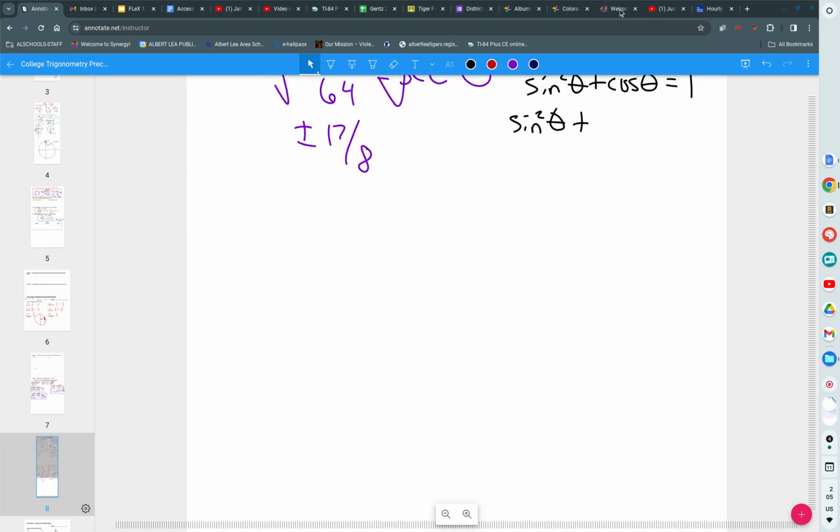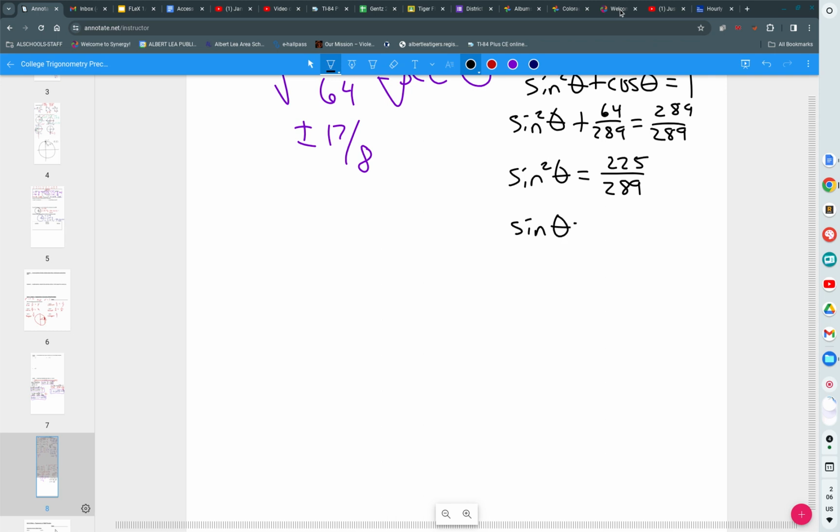So we get 64 over 289. We already used that once, is equal to 289 over 289. If we subtract the 64, we get sine squared of theta is equal to 225 over 289.